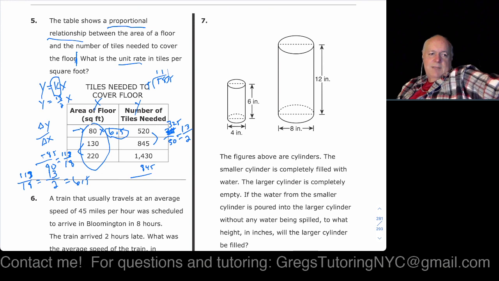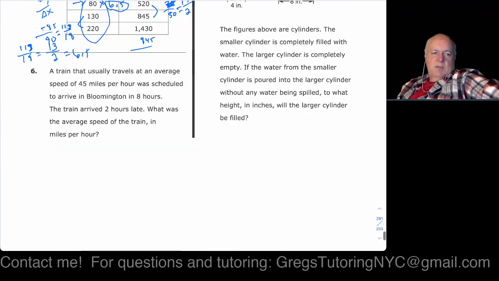So if we used 80, we basically get 40 times 13. That would give us the 520 back. So our double check is all there, and it works, and we live happily ever after. Yay! Okay, number 6 seems to be passed now.